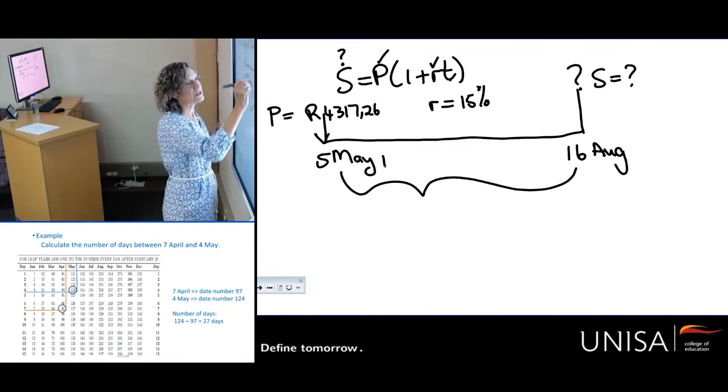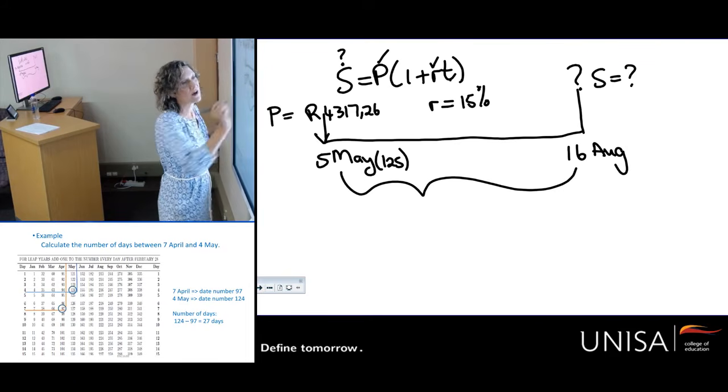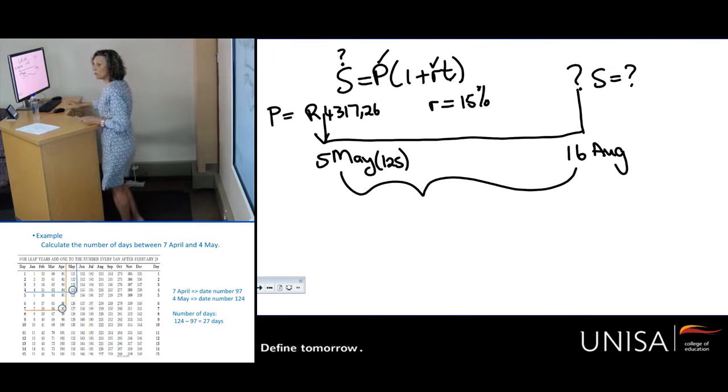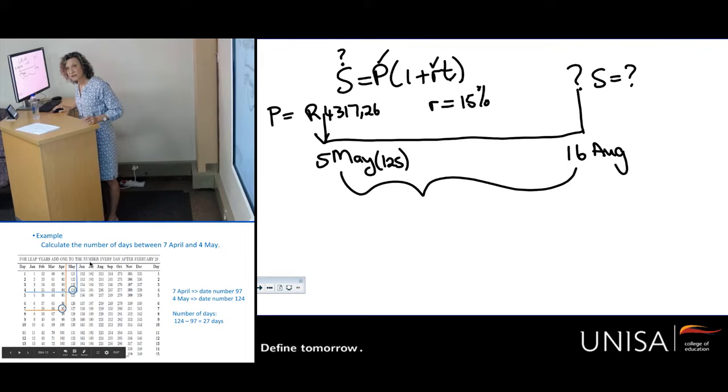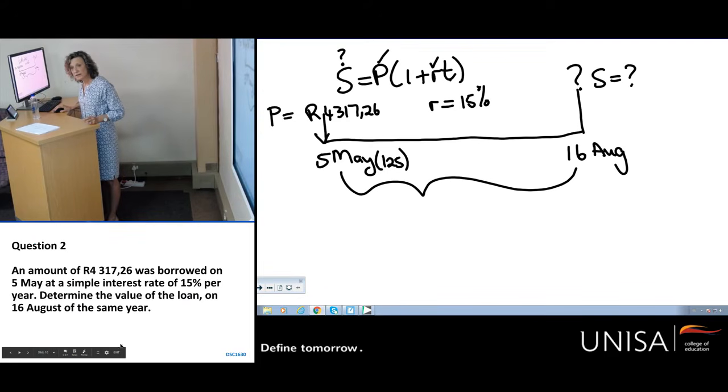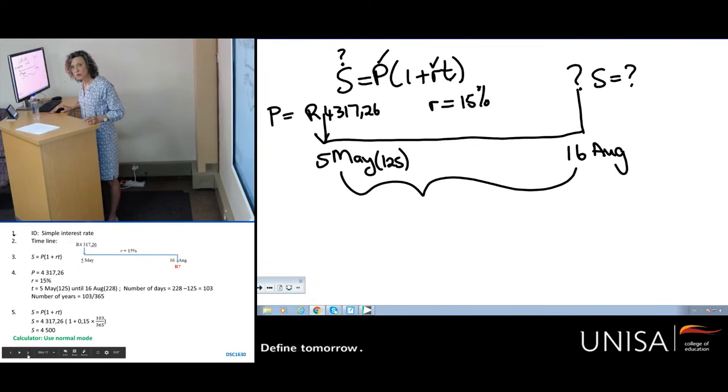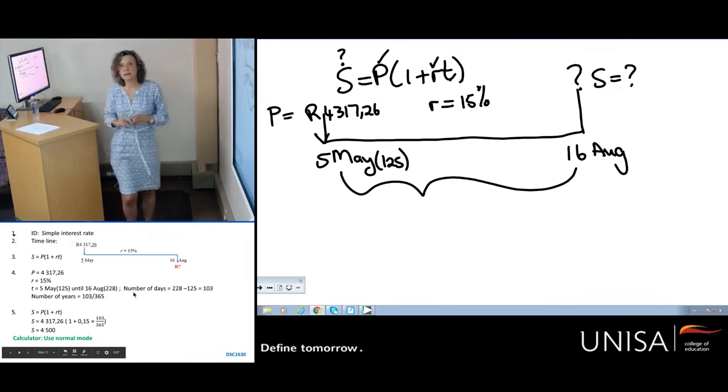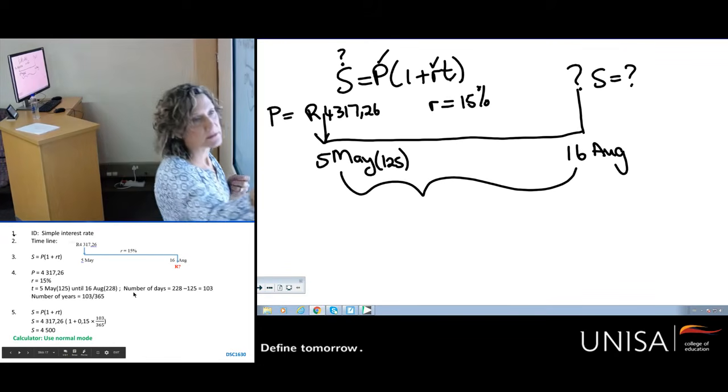So we can put the date value in brackets, 125, and we're looking for the other date value of the 16th of August. August going down, it's right here at the bottom. It will be the next line on our slide, that I can't read from that specific slide. But if you look at August and you go down, down, down, you will find the value right at the end of that table, and it is 228.